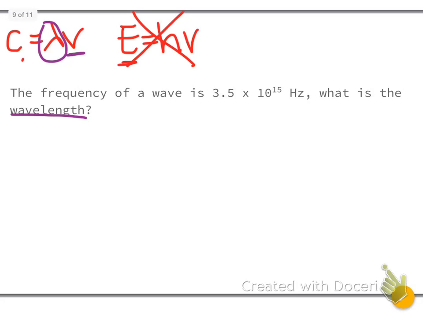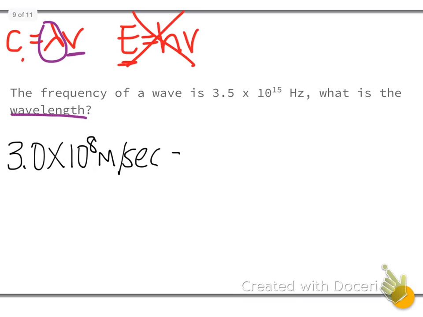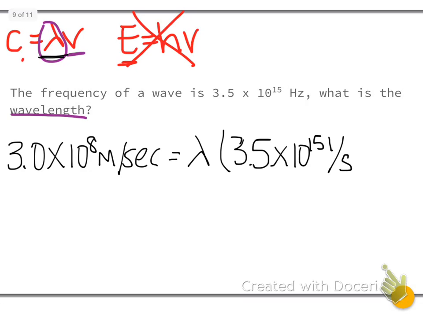We know what C is. C is 3.0 times 10 to the 8th meters per second. This is what we're searching for: wavelength times my frequency. Watch how I'm going to write the frequency when I put it in this problem. I'm going to write it as 1 over seconds.